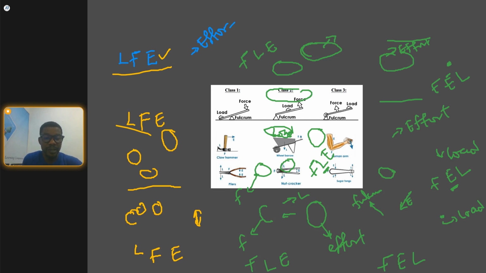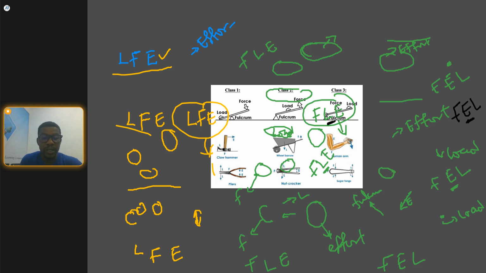The first class is L, F, E. The second class is F, L, E. The first class is L, F, E, while this one is F, L, E. And the third class is F, E, L. The effort is in between the fulcrum and the load.